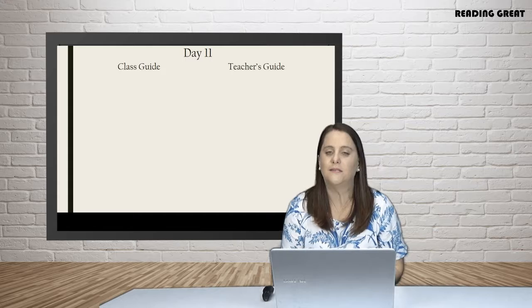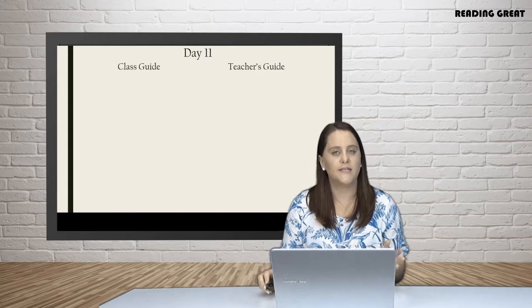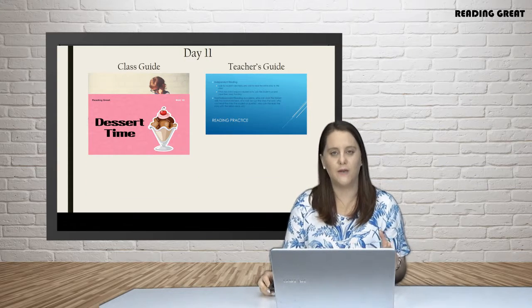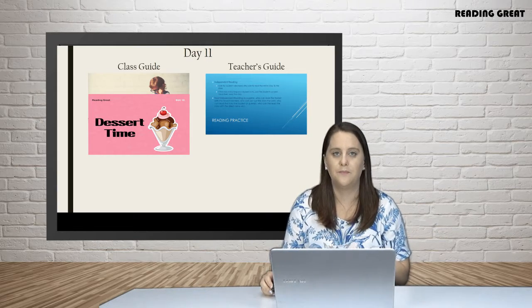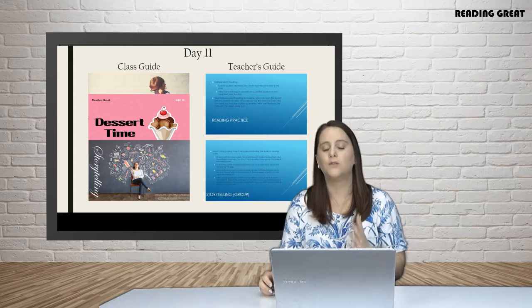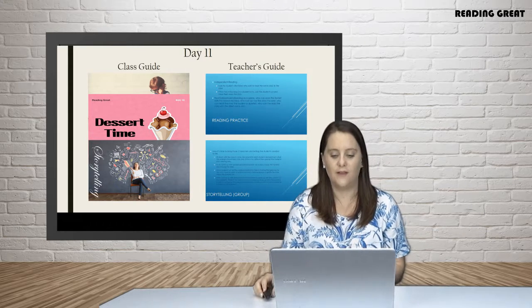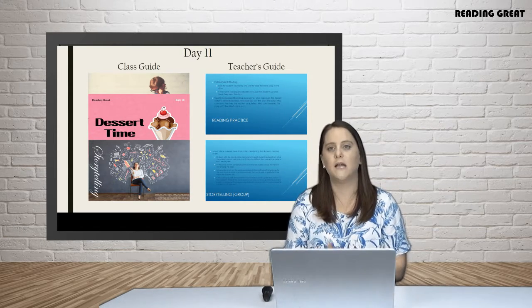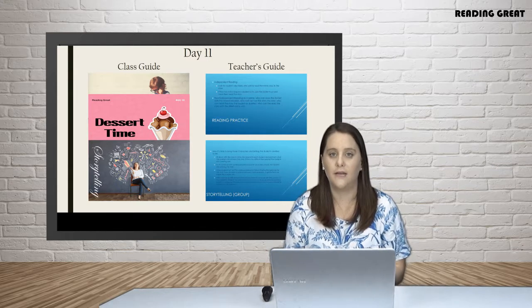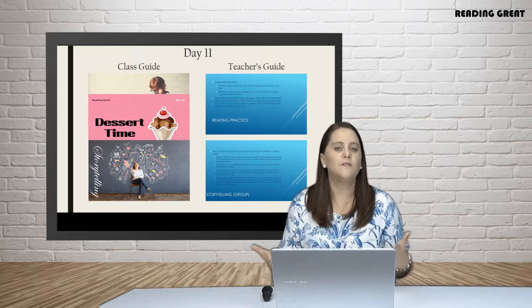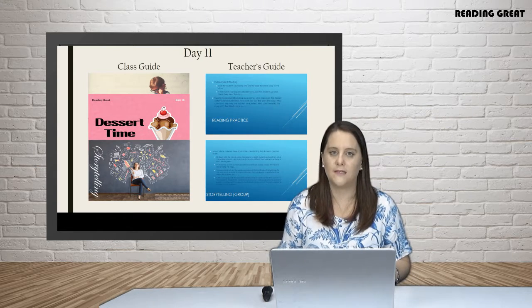Now we're going to talk about day 11. Just like day 10, we have independent reading. You should follow the same advice that I gave you when I talked about day 10. Let's talk about the storytelling part of this class for day 11. Now is the time to bring the characters and the setting that the students have created to life. In order to have a story, you need to have a problem for that story.